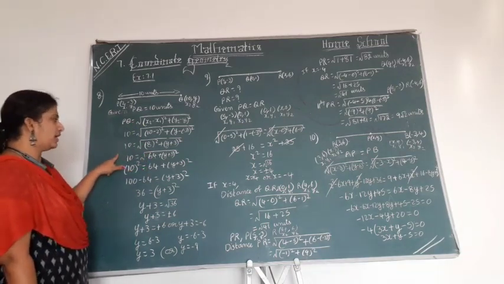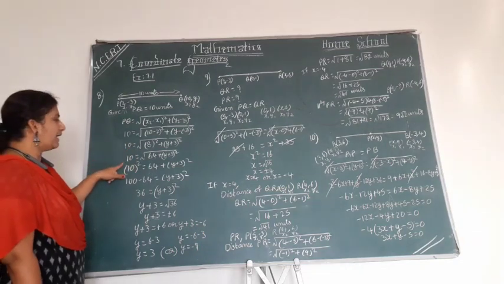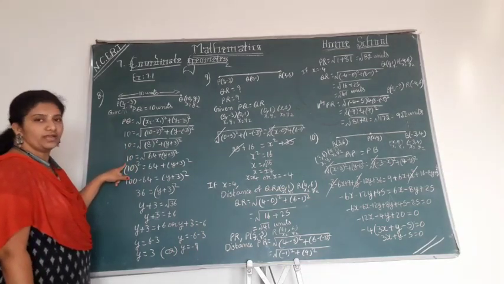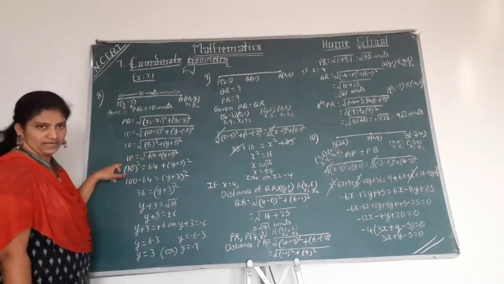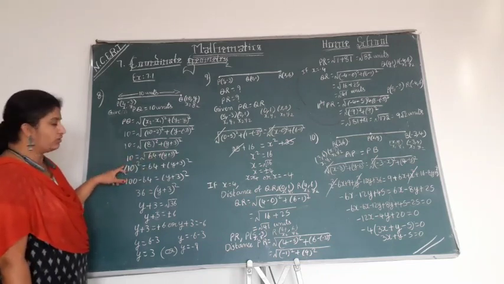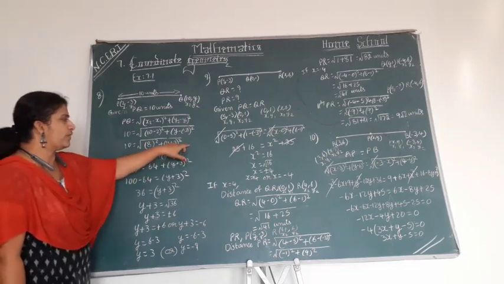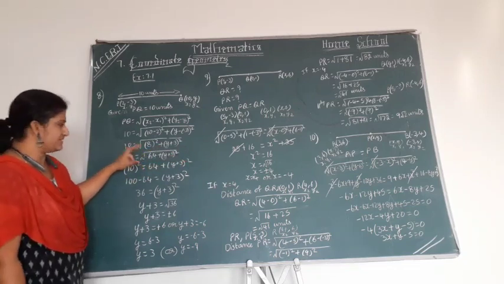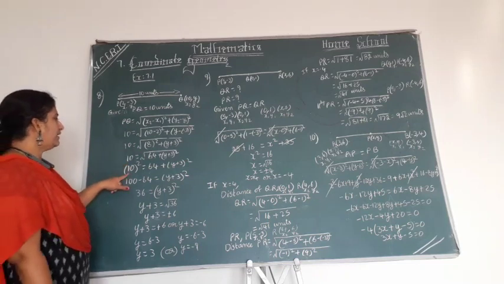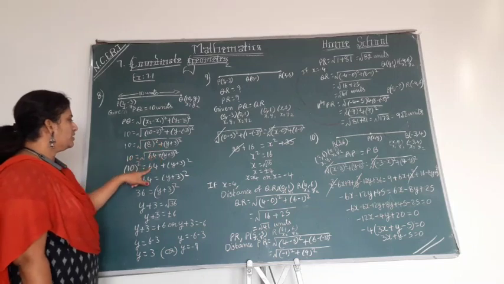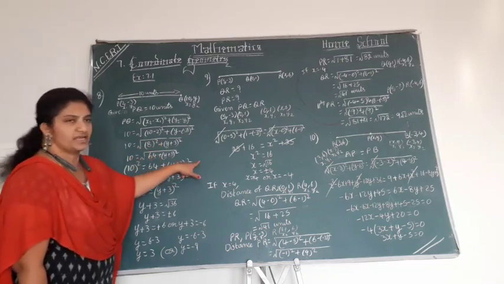Send this square root to the other side, that is applying whole square to the number, or in other words, squaring on both sides. If you do 10 whole square, and square and root will be cancelled. 10 tens are 100, and if you skip the root, 64 plus y plus 3 whole square.